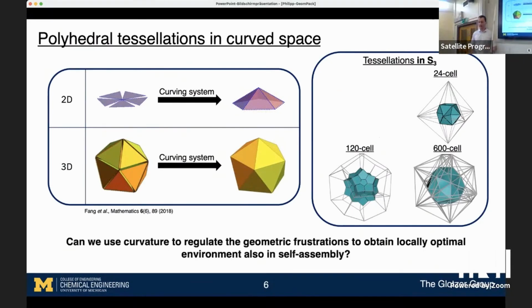So the question is, can we use curvature now to regulate the geometric frustration to obtain locally optimal environments, also in self-assembly and not only in packings as we can see them here? And for the rest of the talk, I also will only mostly focus on the tessellations in S3.